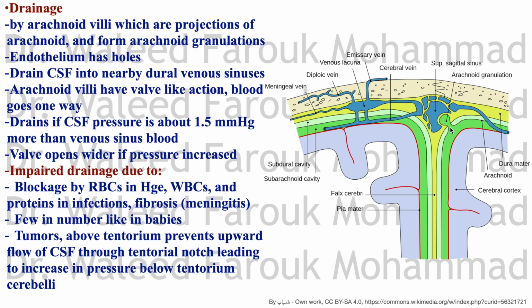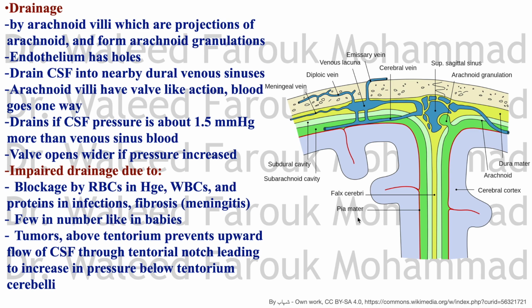These granulations, by the way, leave an impression on the inside of the skull. The endothelium has holes for passing of CSF, and it drains into the nearby dural venous sinuses. Major drainage, of course, is in the superior sagittal sinus.